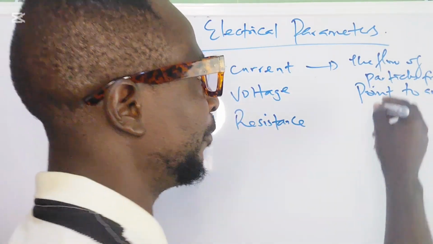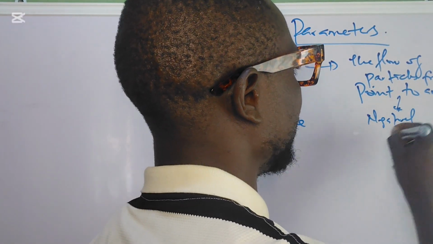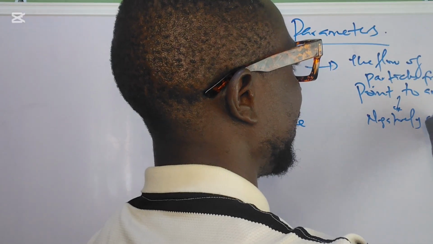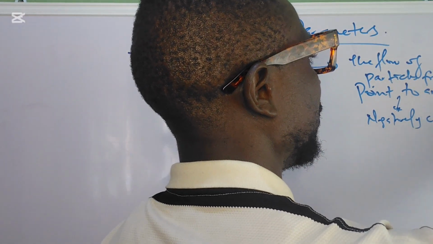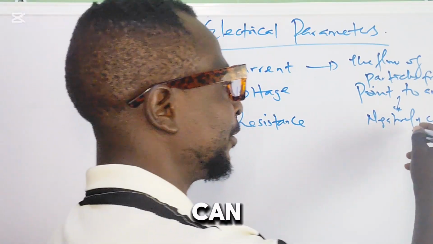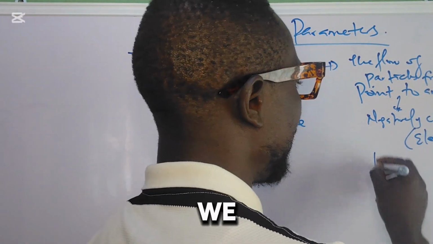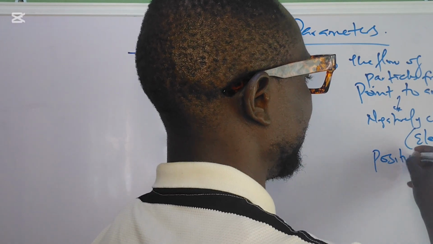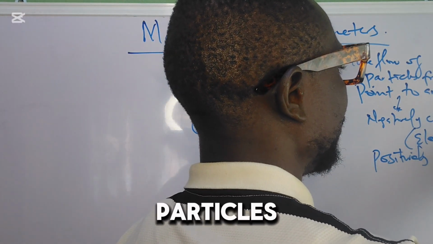We have negatively charged particles. So this can also be called the electrons. Then we have the positively charged particles.